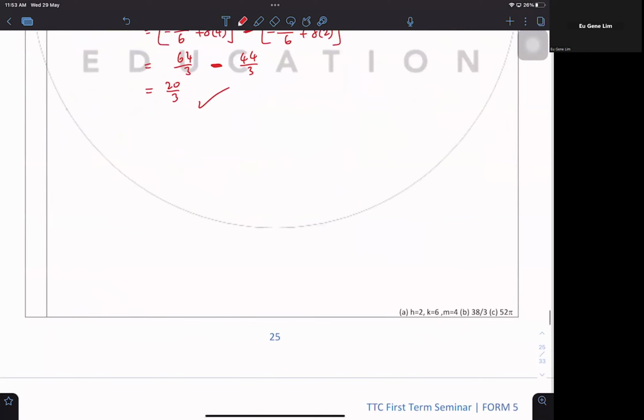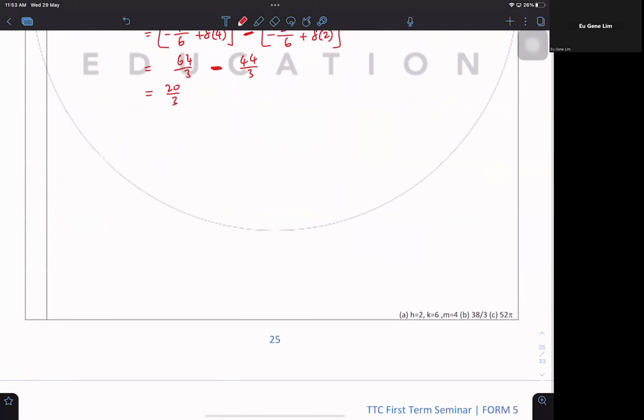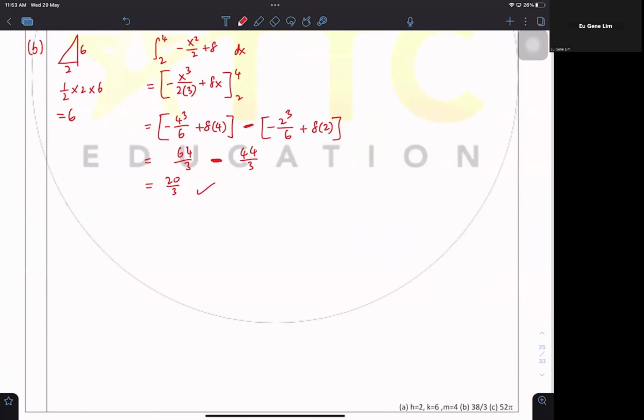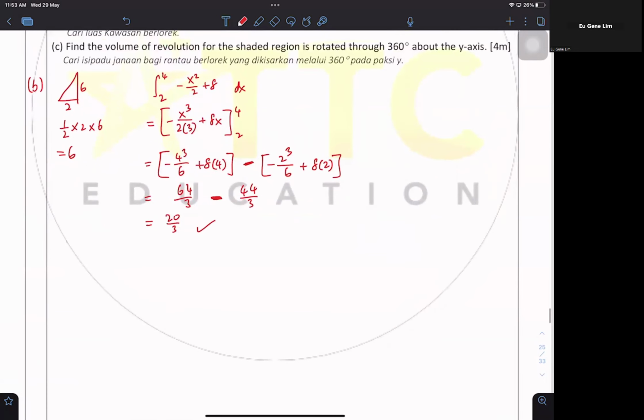Check answer. Oh, wait. Hiya, you see the answer? Why different? Is it because I calculate wrong? Oh, yeah. Sorry. Yeah, I forgot the triangle.